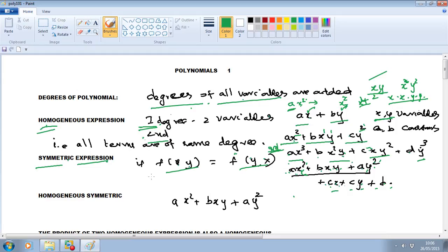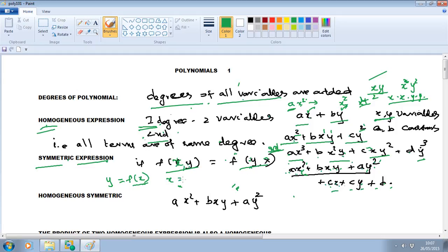Symmetric means the function of x, y is equal to the function of y, x. If we change them, the equation remains the same. This is very important. Normally in an equation we express y equal to a function of x. So x we can put any value, and y is the function, which depends upon x.